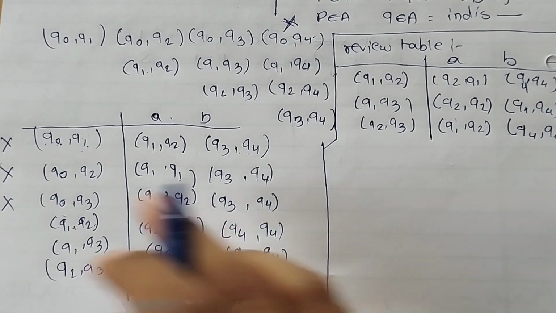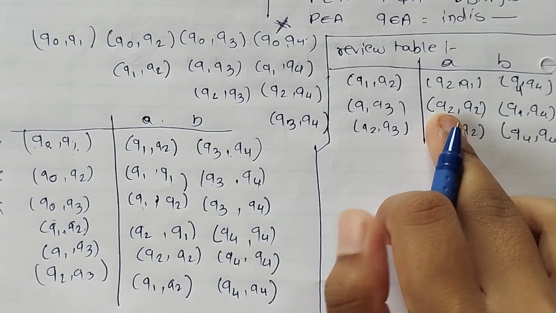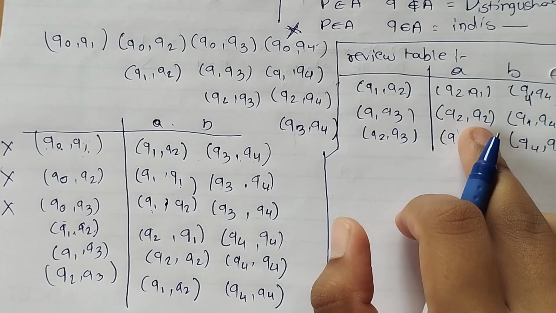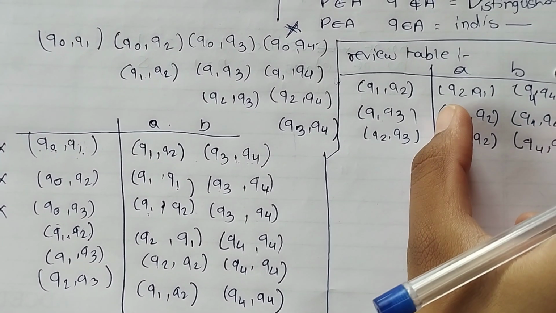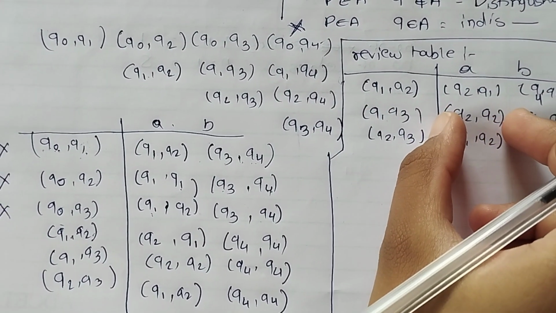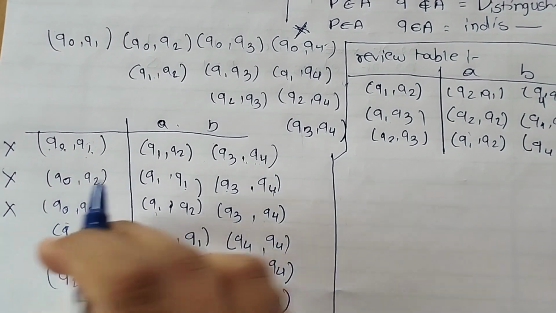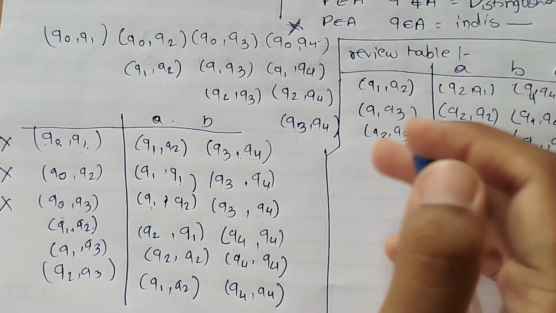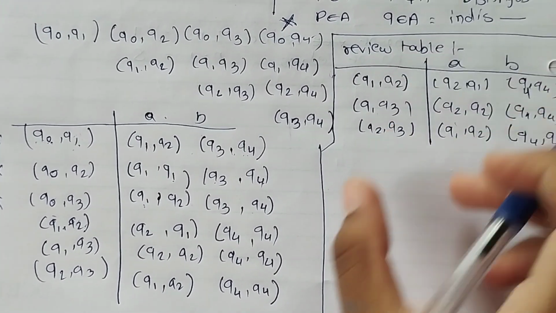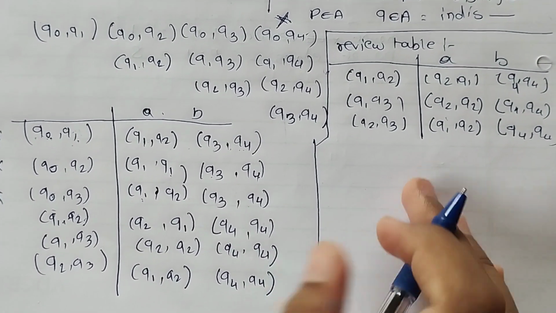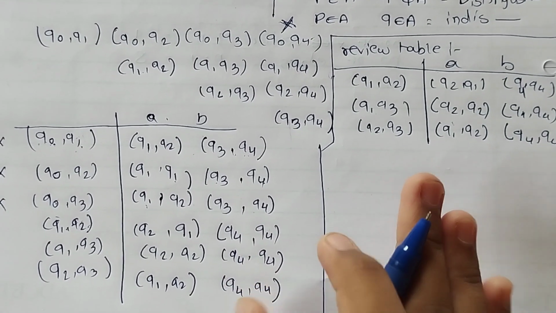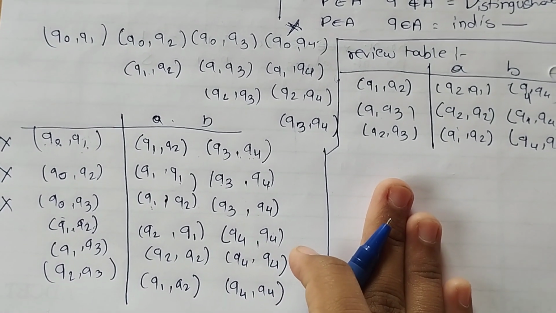No. If any such state is present here, let's suppose here is Q2 instead, and Q not Q2 is present, then from this review table we again cross this state, because here is the one state which we already crossed. So this whole state is cancelled and only two states we write again in the review table, but here no state is crossed again. So this is our final review table.